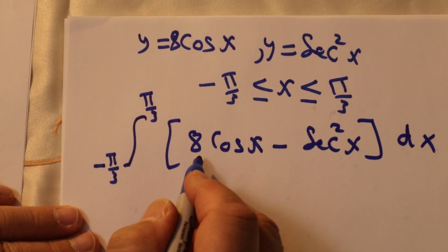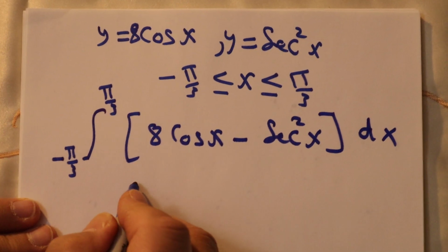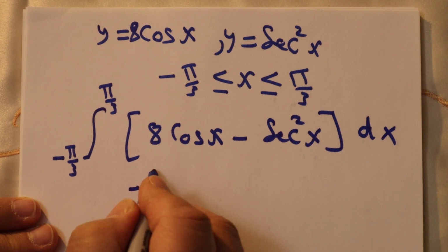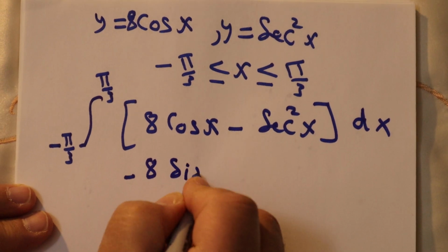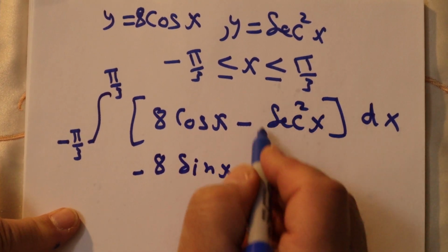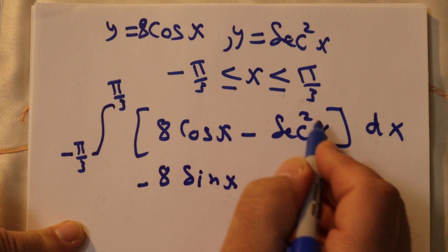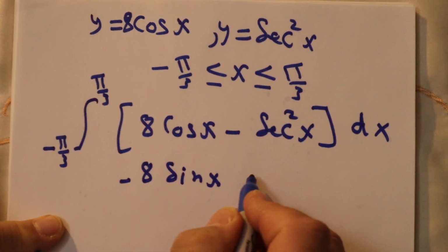You know that the integral of cosine is sine, so keep the 8, and it will be 8 sine x. And if you remember, the integration of secant squared will be tangent x.